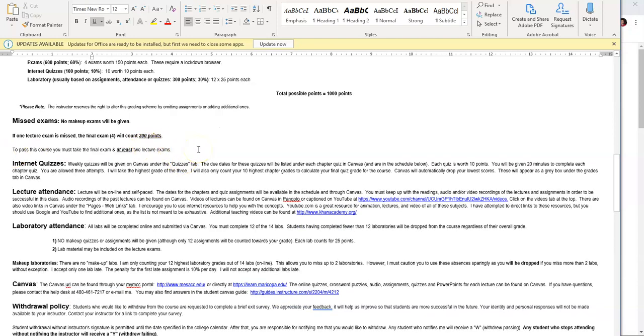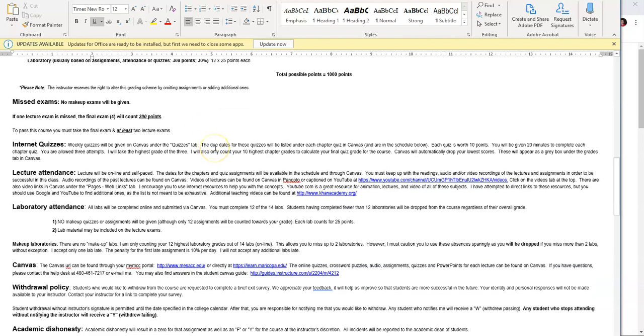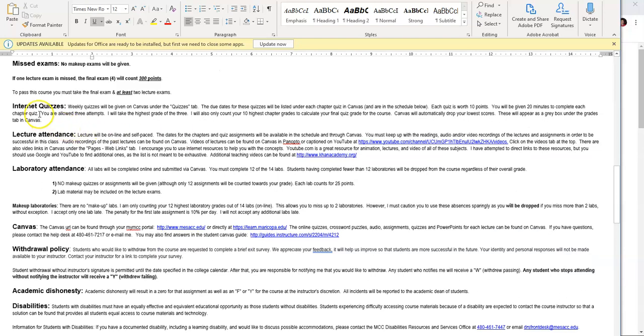Now, I caution you to use this sparingly because the final exam covers the hardest material of the whole semester. So it's not the best policy to blow off the first test and then try to do really well on the final. That generally doesn't work out that well. Everything in this class builds on everything else, and you'll see that. So to pass this class, you need to take the final and at least 2 lecture exams.